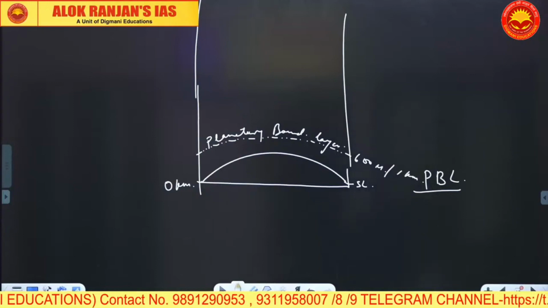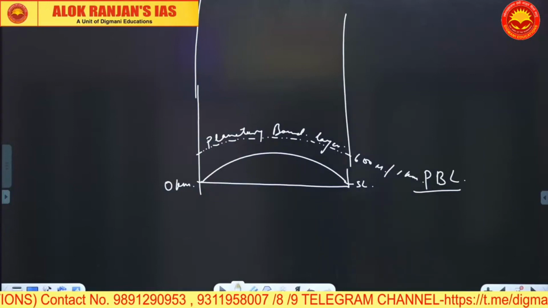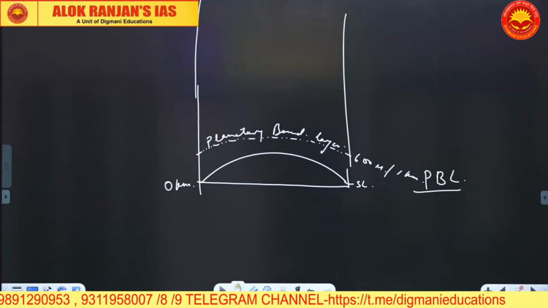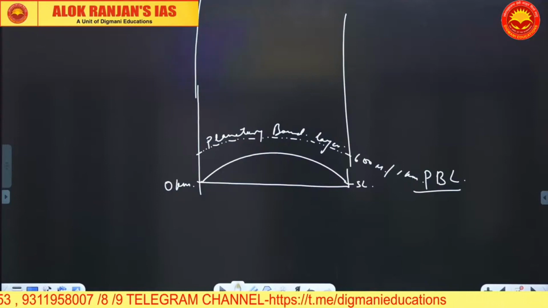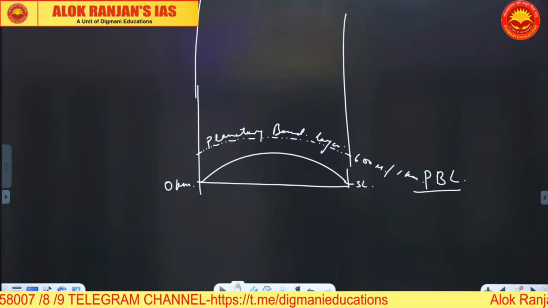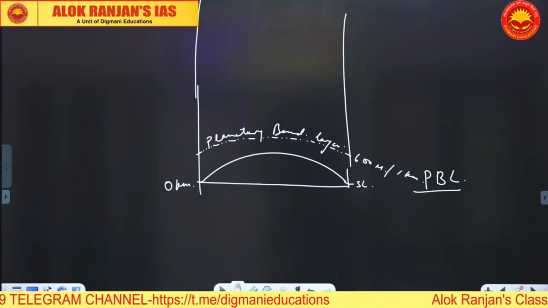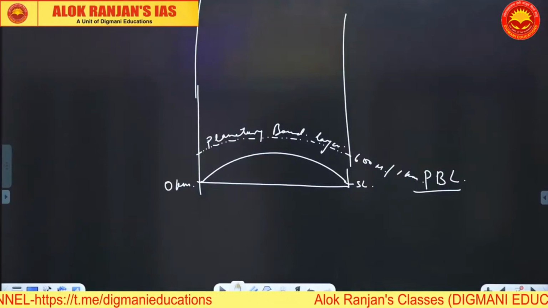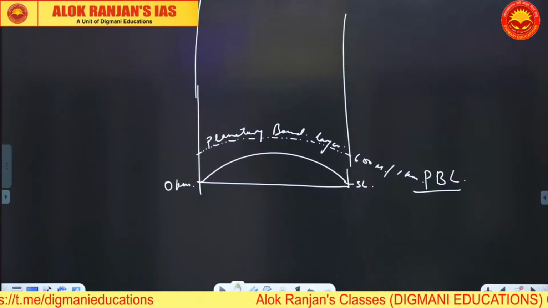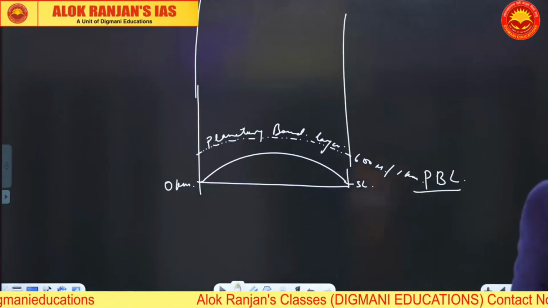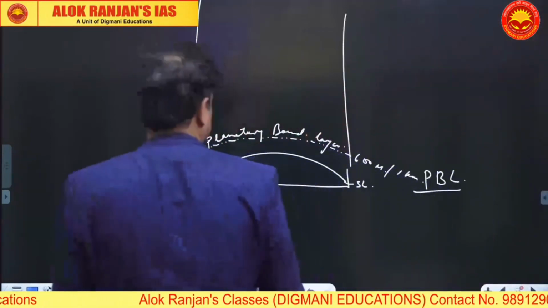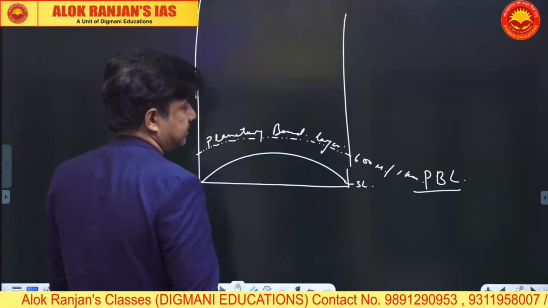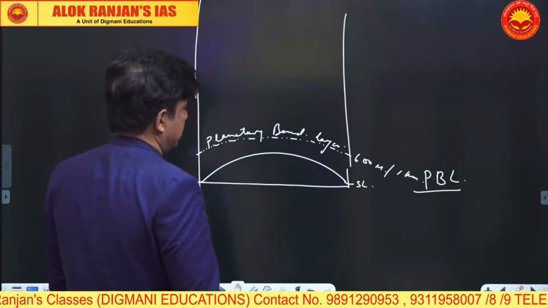Above which the terrestrial friction is negligible. This is called the planetary boundary layer, PBL.